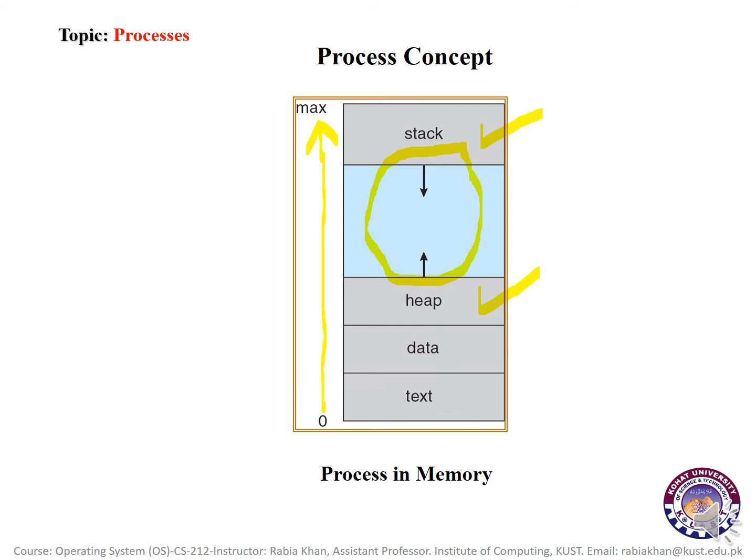And then the data section that I just elaborated: your process contains some data section, sort of variables and constants that you normally declare in your program. And then there is some textual part, if it is a Word document or some sort of typing software. So the text that you write in your application comes in this section.